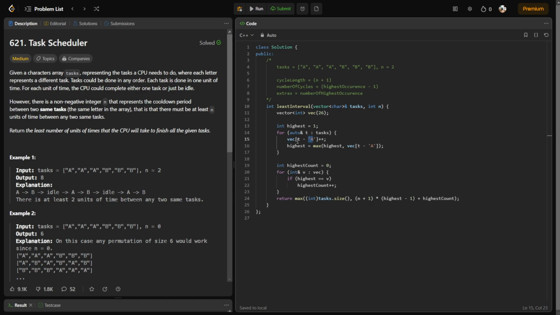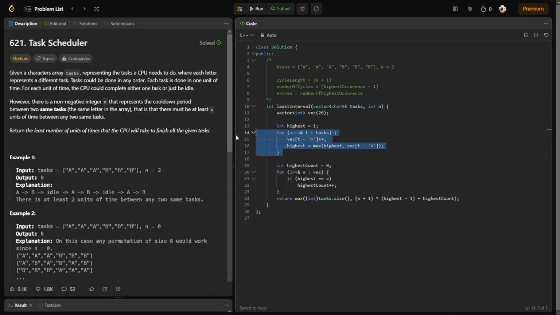Basically t minus 'A' gets the ASCII difference, and after that you increment it inside the vector, and then I update the highest if it needs to be updated.